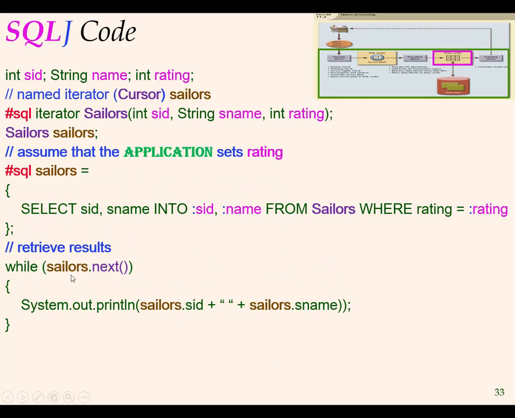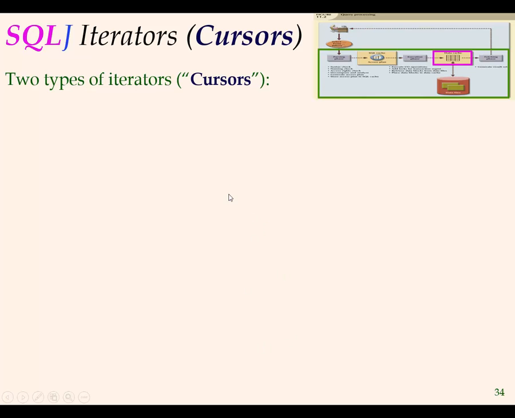Now, once I get the results back, I can say while sailors object next, I can loop through that. And again, this is the sid, this is the sname. So I'm retrieving what was returned to me. And of course, I need to be nice and close.